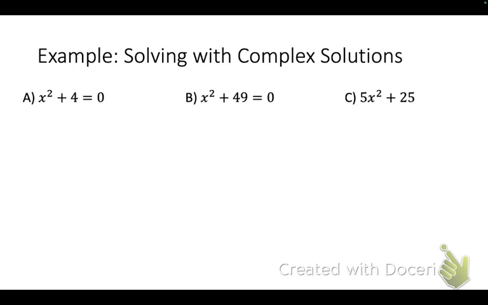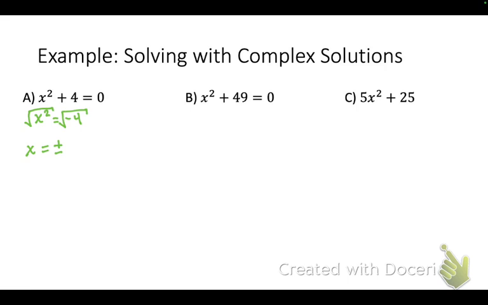So can't I just subtract 4? x squared equals negative 4, and then take the what on both sides? Square root. So x equals plus and minus.